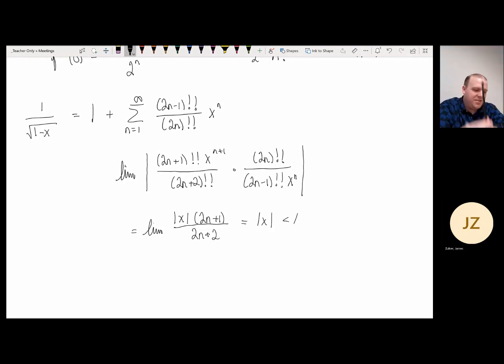We need that to be less than 1. I leave as an exercise to show that the series diverges at both negative 1 and positive 1. And so our interval of convergence is absolute value of x less than 1.